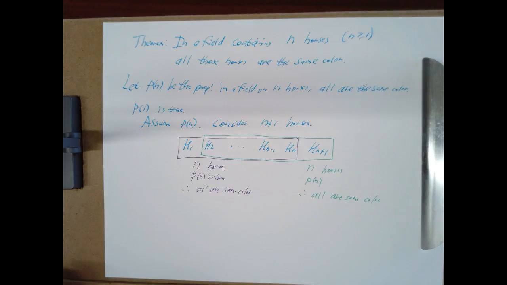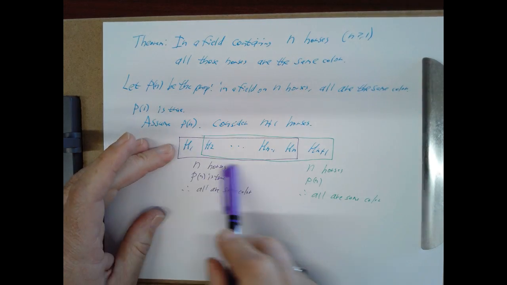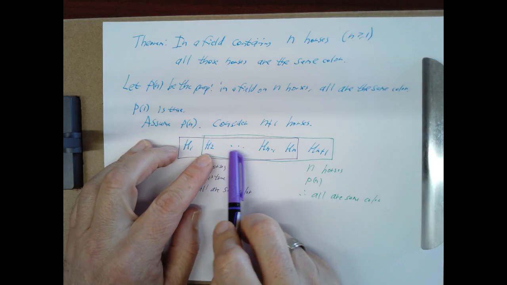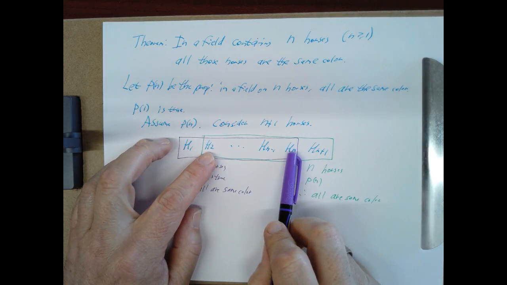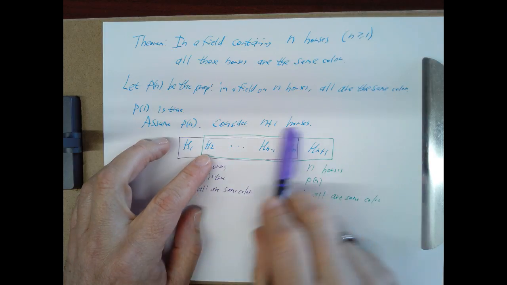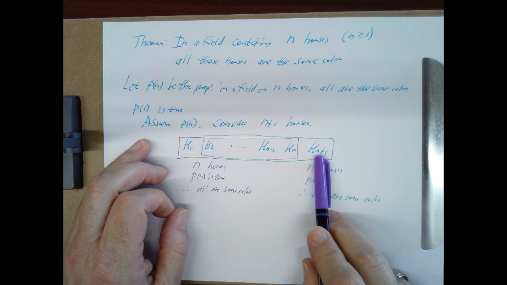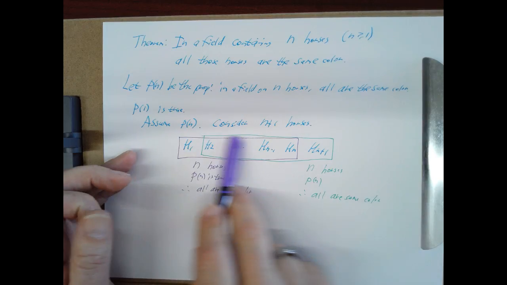Well, suppose all the horses in this first box were brown. All of these horses in particular must be brown. And since those horses are in the second box, every horse in the second box must also be brown, which means h n plus 1 is brown. So all n plus 1 horses are brown.